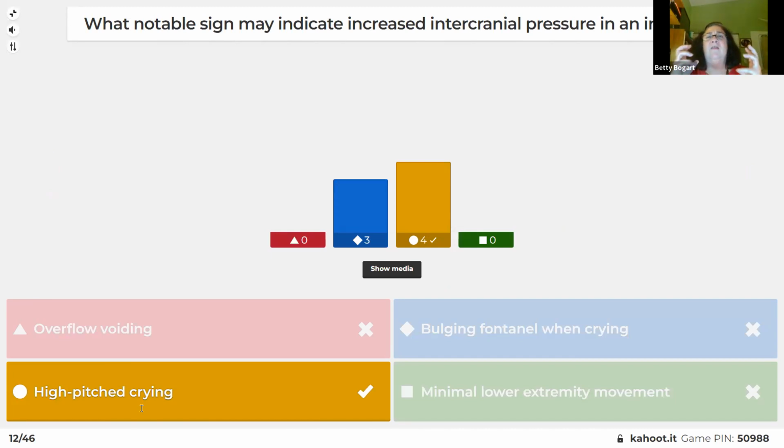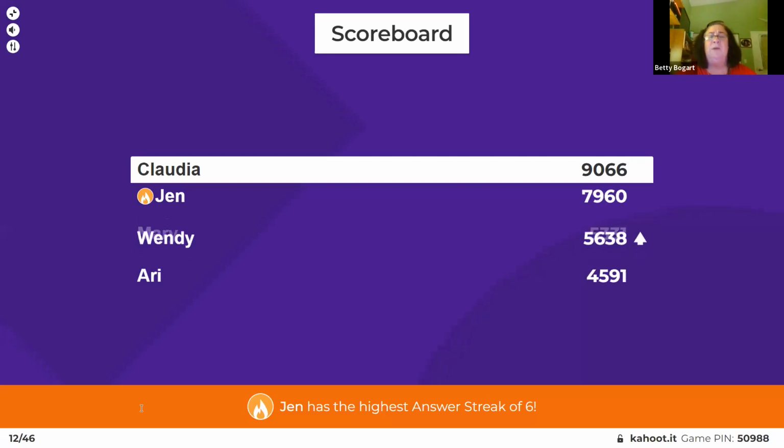It is a very, very high-pitched cry, and they're very hard to console too. They've got so much pressure, it hurts. They also show you with the scalp veins starting to bulge in their head. And of course, the fontanelle, if they're young enough, we can see that starting to bulge, and that's showing pressure. There's fluid, something's happening in that brain.